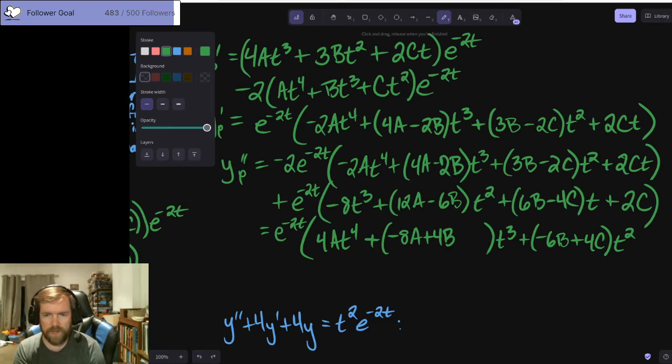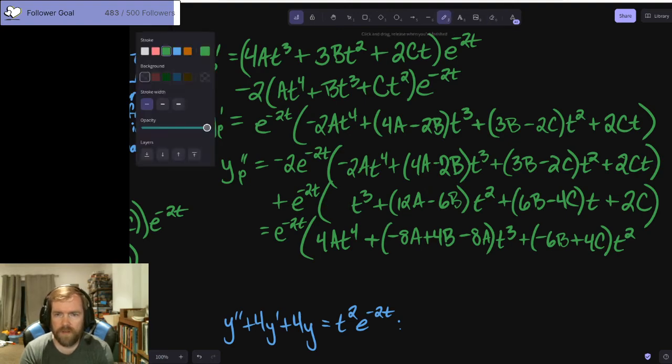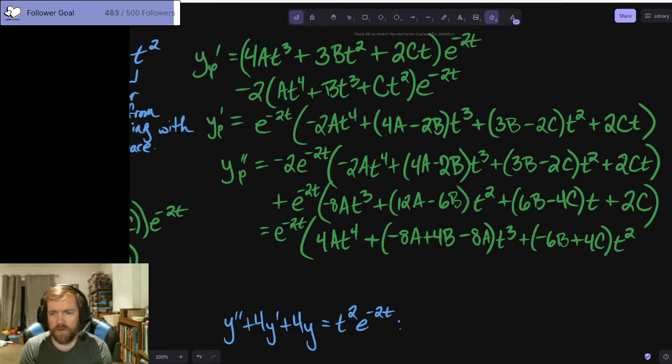So that's going to be also a minus 8a, negative 16a overall.